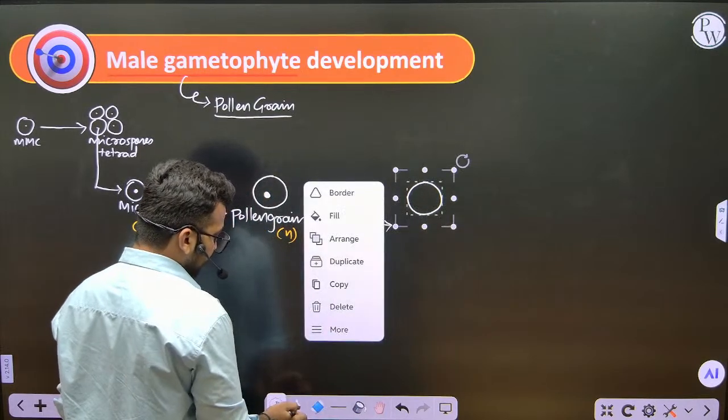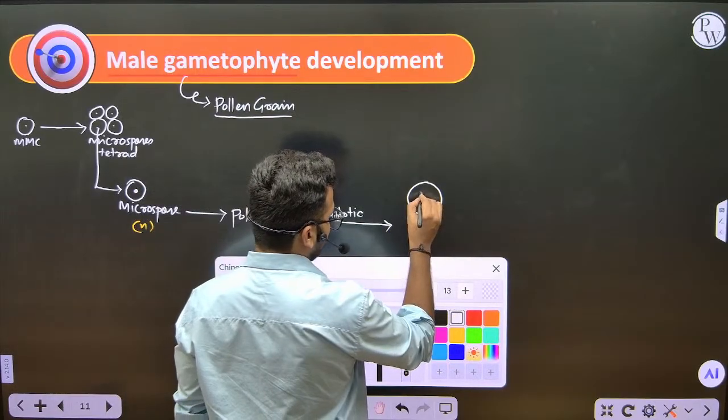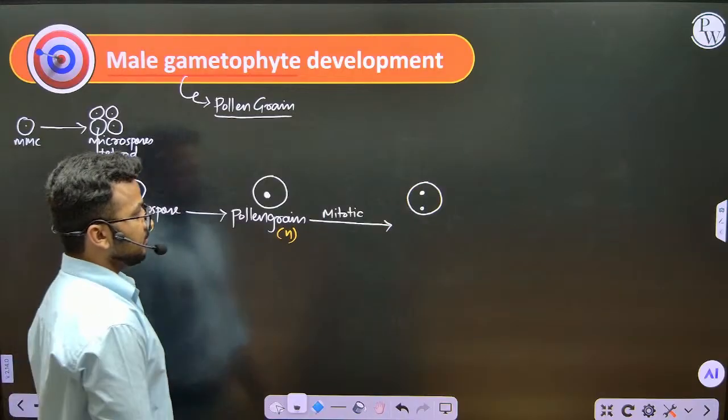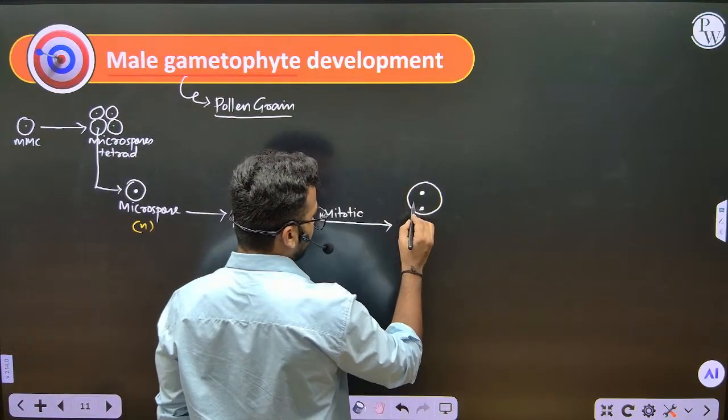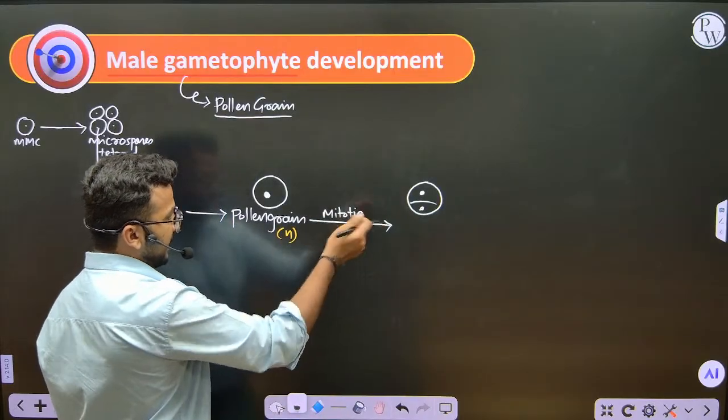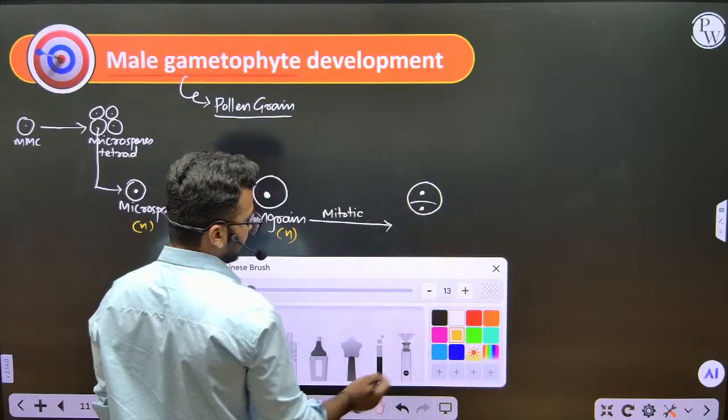When the mitotic division takes place it will form 2 cells, means two cells or two nuclei. This mitotic division is asymmetric.